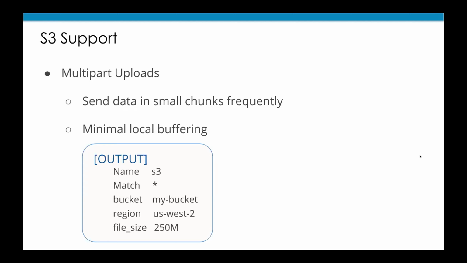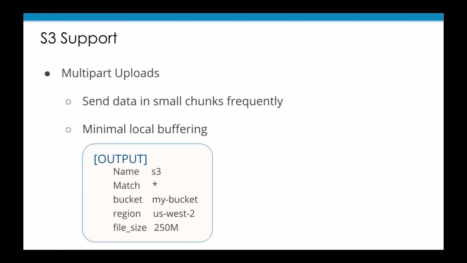Part of my idea is that I'm going to use the multi-part upload API for S3, which enables you to upload large files in small chunks that can be uploaded over time. So that should enable Fluent Bit, as it gets logs, to upload them to S3 in parts. And then once it's done uploading the right amount of logs, it can concatenate them together with the S3 API and create a file.